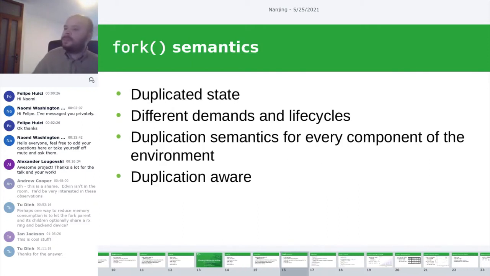So in order to have a deeper understanding of how fork could fit in, we have to take a look at the fork semantics as we know them from POSIX applications. We know that fork duplicates the state of a parent process for the child process as well. So each of the processes, parent and child, has an address space.